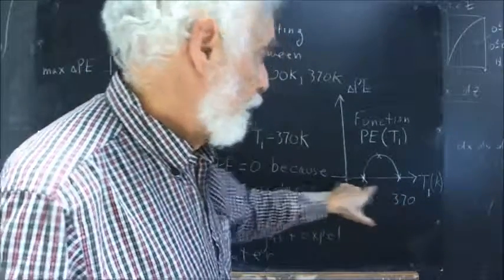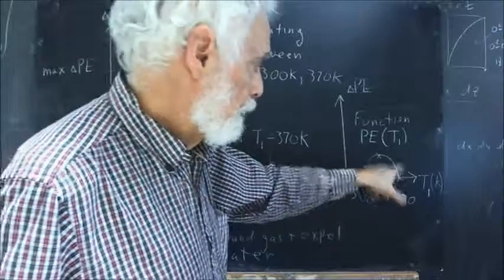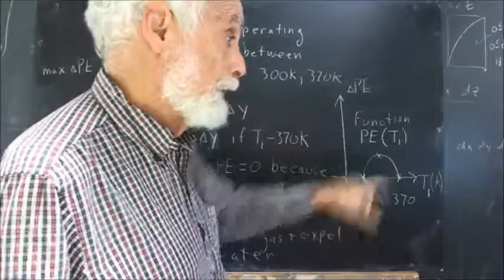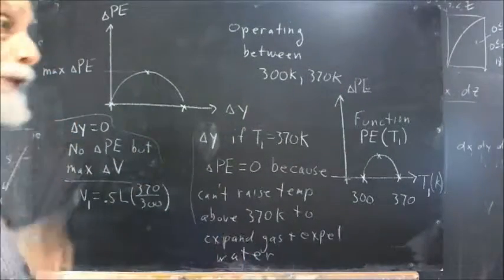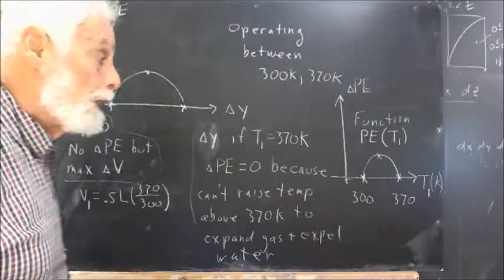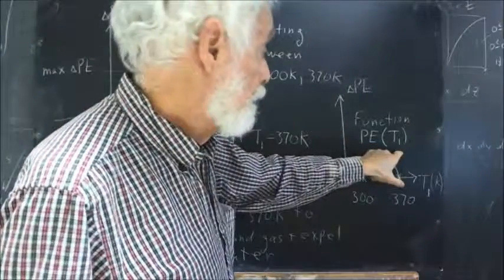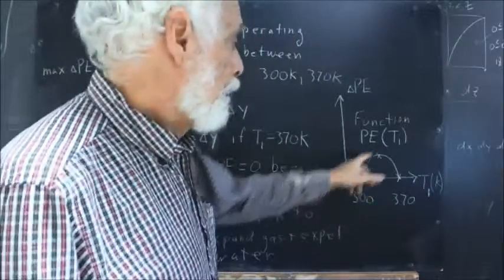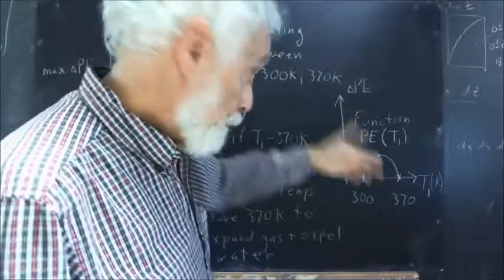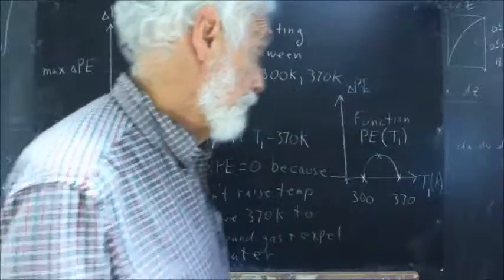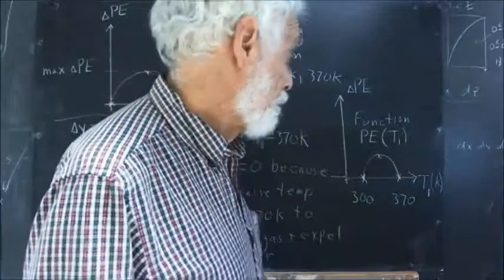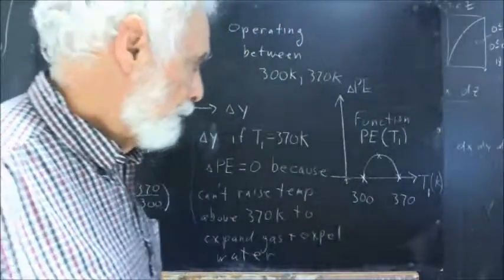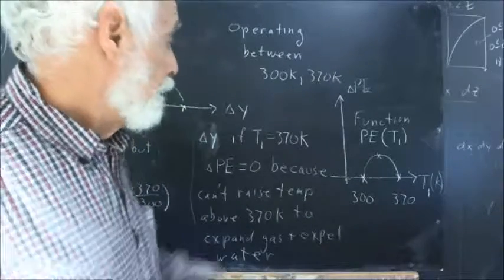So again, same argument basically, you're going to have a curve here. Now, if this curve is symmetric, this isn't. If this curve is symmetric, this isn't. And it's probably likely that neither curve is going to turn out to be symmetric. But if we can express this potential energy in terms of the temperature T1, then we can take the derivative of that function with respect to T1, determine this critical point, and if necessary, verify that this is a maximum, but that's going to be very easy to do.